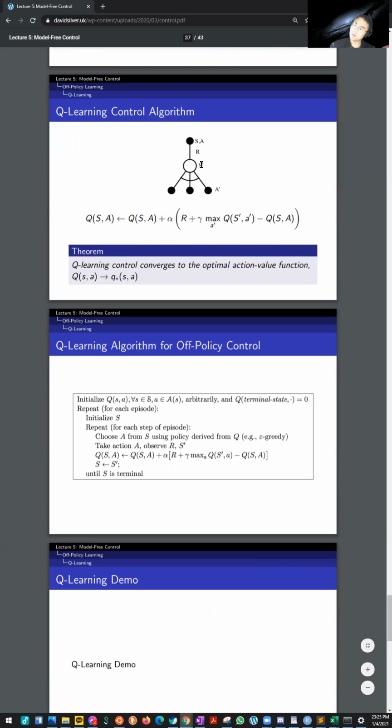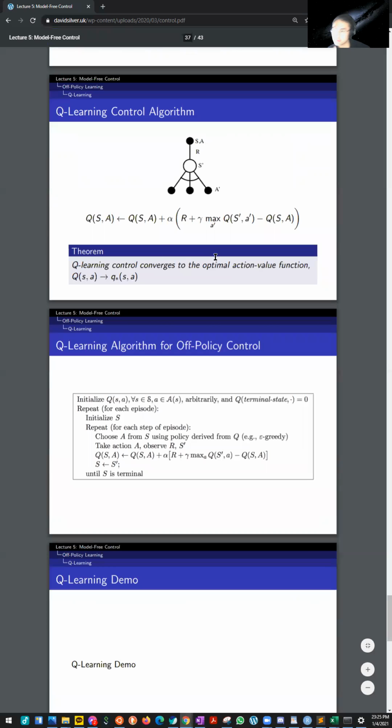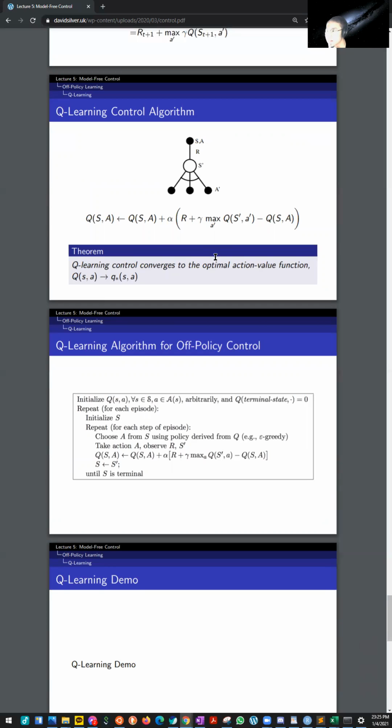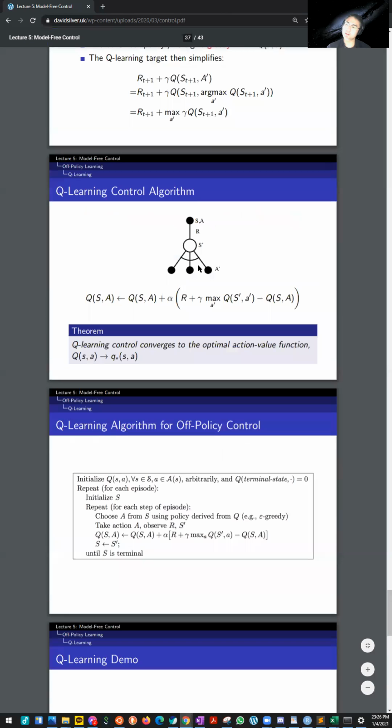Also, this Q learning satisfies the theorem that it converges to the optimal action value function. And this mainly comes from the fact that this R makes the algorithm grounded to the truth.